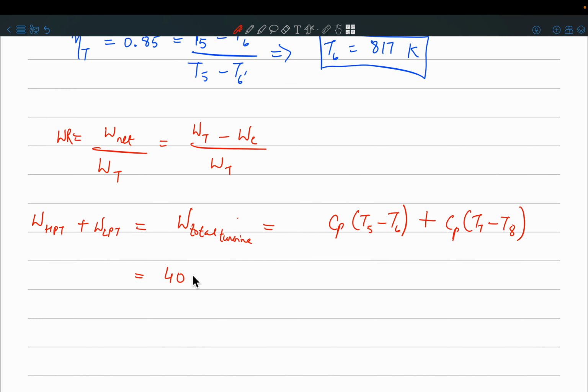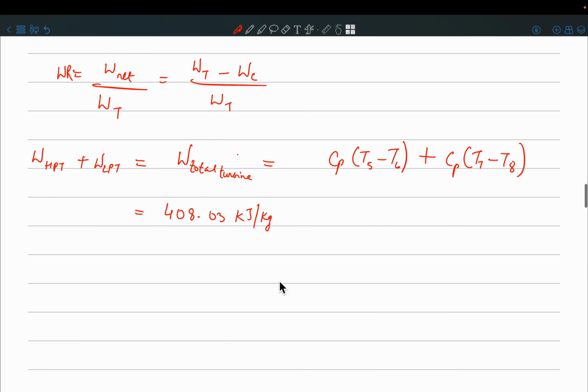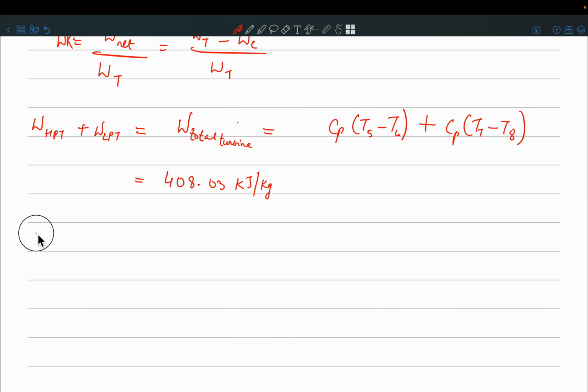That gives you 408.03 kilojoules per kilogram. Alright, then the net work you can find out is nothing but the total work done by the turbines minus the total work done by both the compressors.